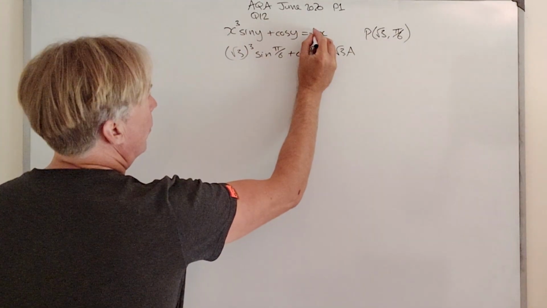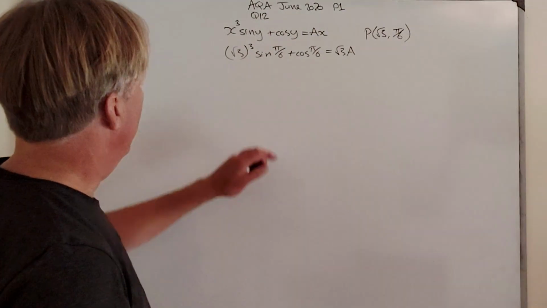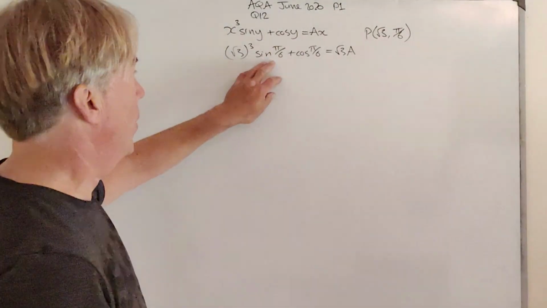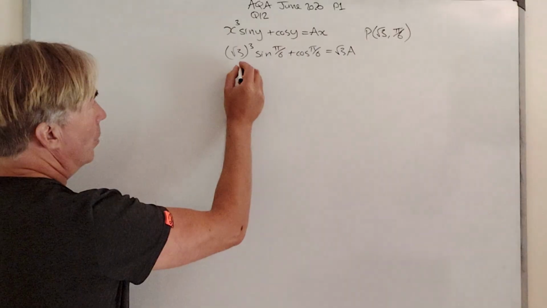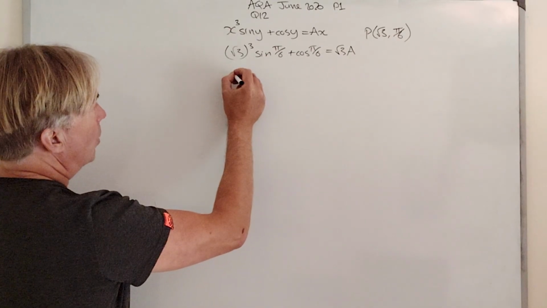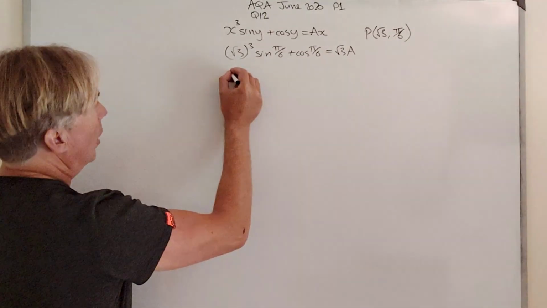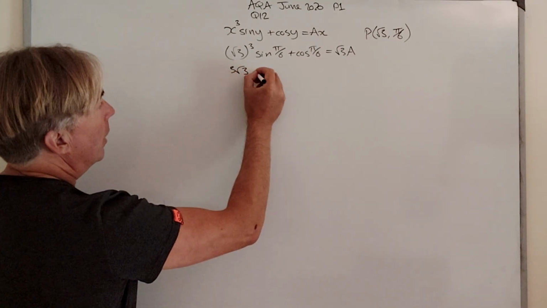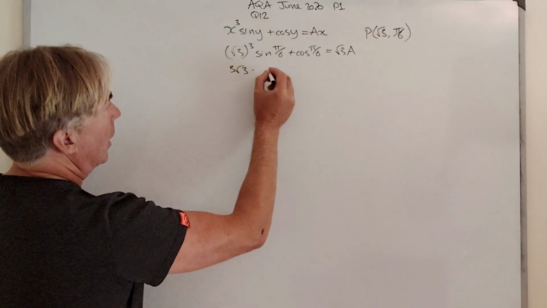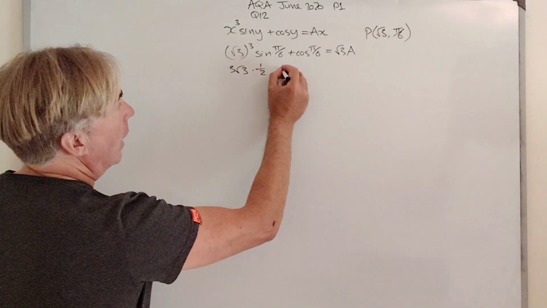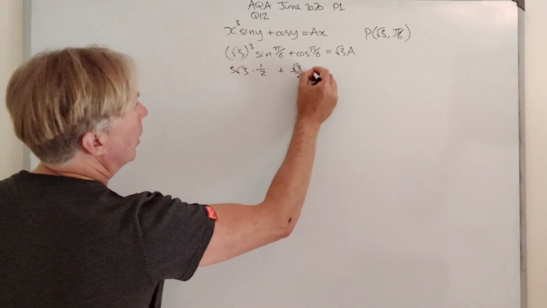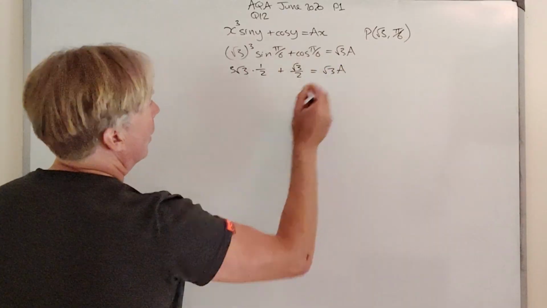Okay. So all we're going to do now, obviously this is a calculator paper, but these are known trig values. So √3 cubed is 3√3, times sine π/6, which is a half, plus √3 upon 2 equals √3a.